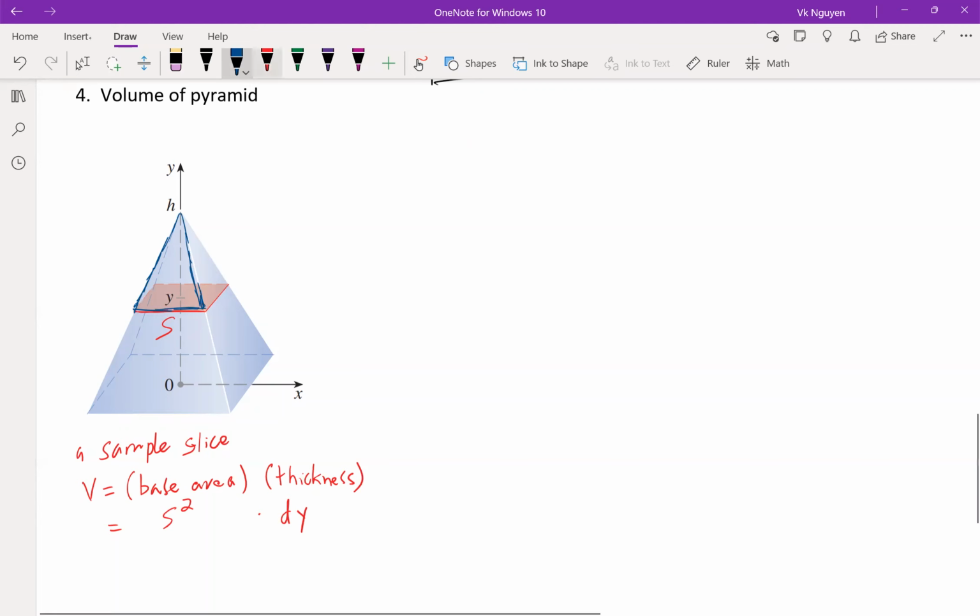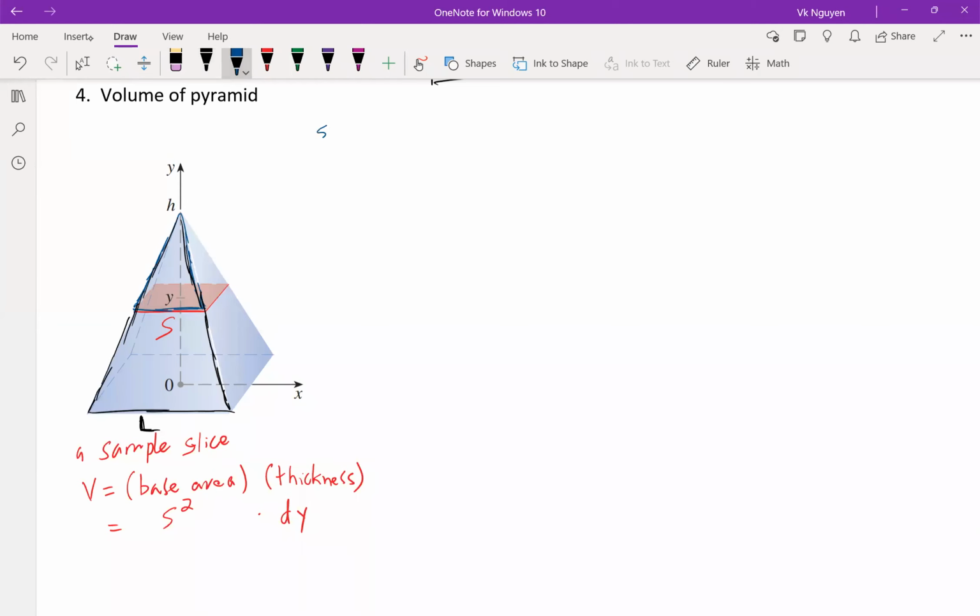And then we also have a bigger triangle, which is just this one. Down here, I'm gonna call it L. L is the base side of the pyramid.